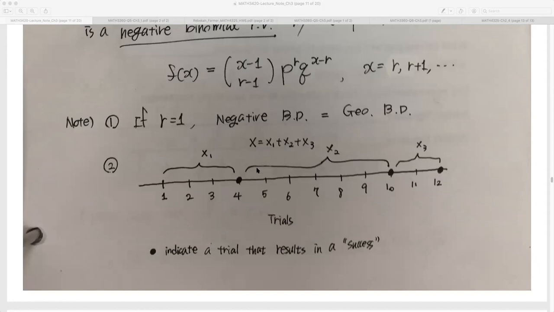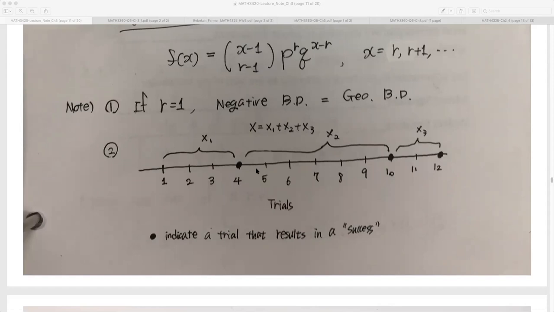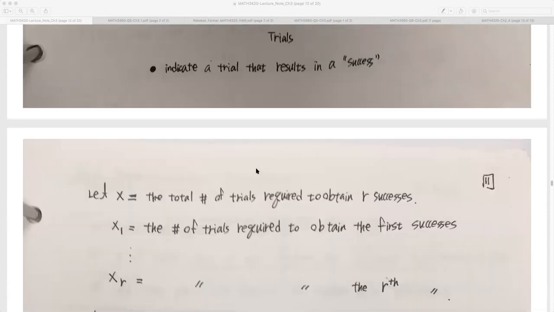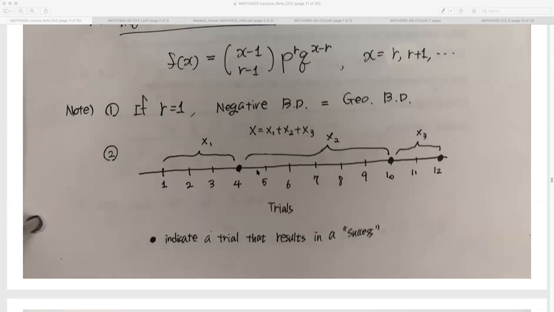Second, think about the negative binomial distribution with r equals 3 and x is 12. That means we got 12 trials until 3 successes.